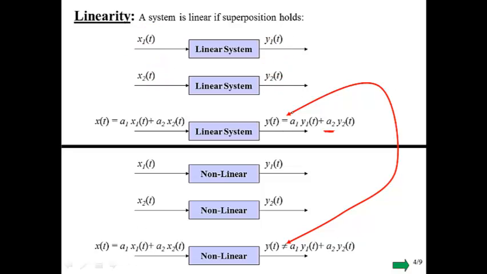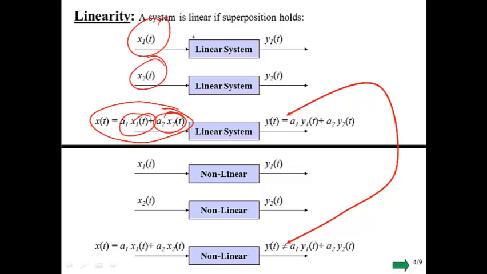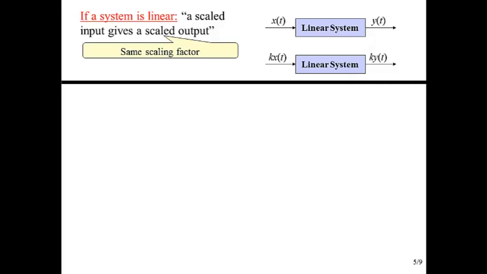So linear systems allow us to take some complicated signal and break it down into parts and figure out how each part goes through, just like we did in that example in the last video where we had some complicated pulse function and we broke it down into a bunch of shifted unit steps. And that helped us analyze the response.